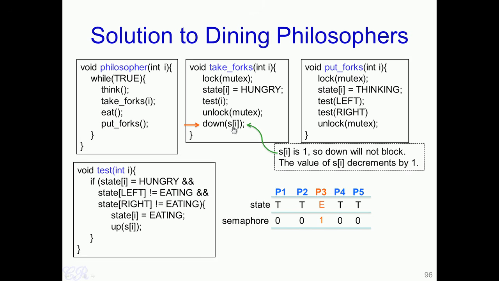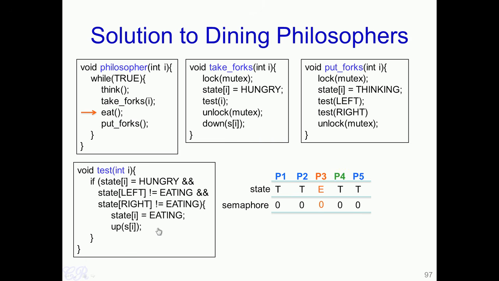Here Si had the value of 1, so the down will not block, but rather it is just going to decrement the value of Si to 0. So, the corresponding semaphore has a value of 0, and then philosopher 3 can go to the eating state and consume his food.